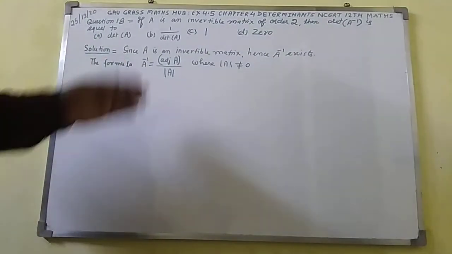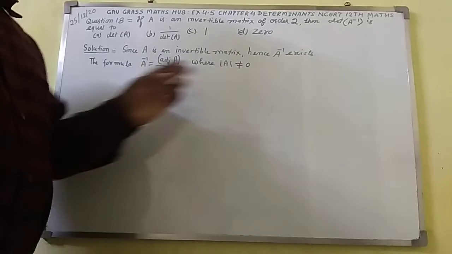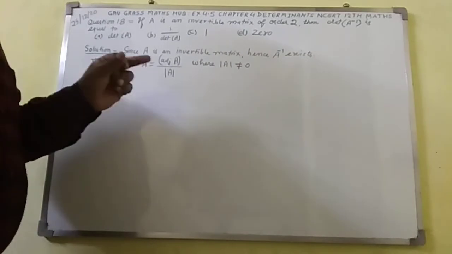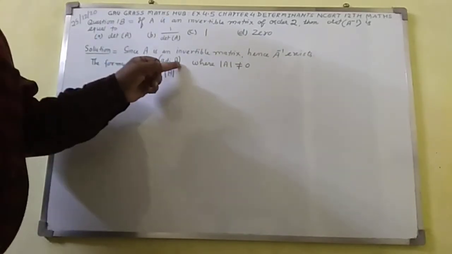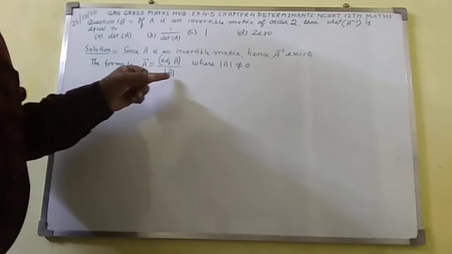This is the formula you must remember forever. A inverse equal to adjoint of matrix A whole over determinant of matrix A.